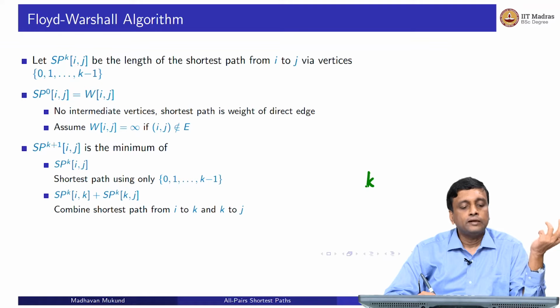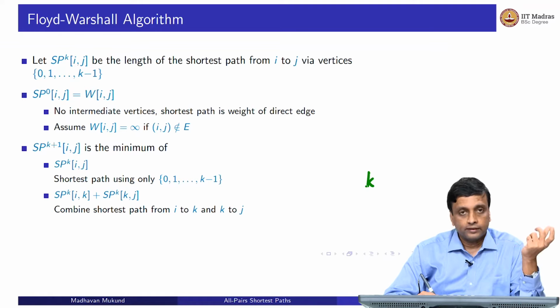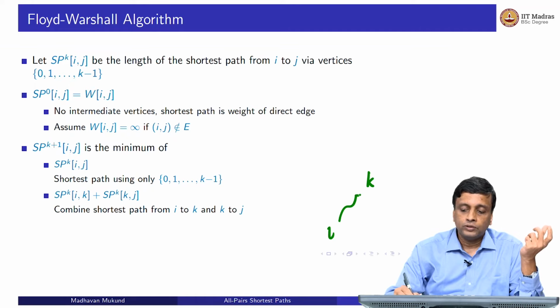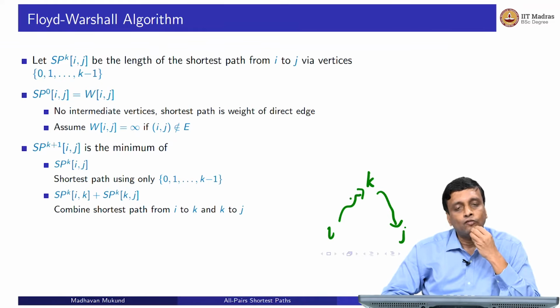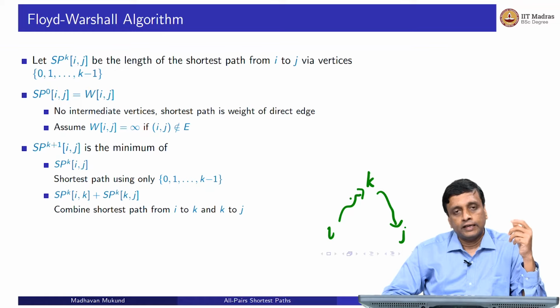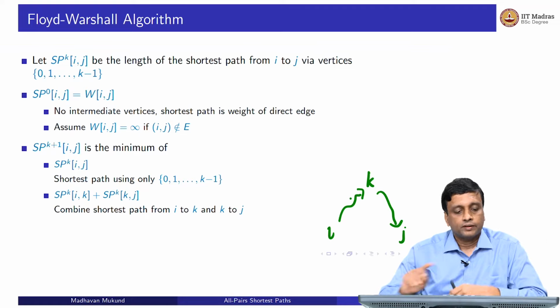So SP^(k+1) is the same as SP^k, or I do need it. If I do need it, I need to go from i to k and then from k to j. So I combine SP^k(i, k) with SP^k(k, j). I look at both of these options and take the minimum as the answer.